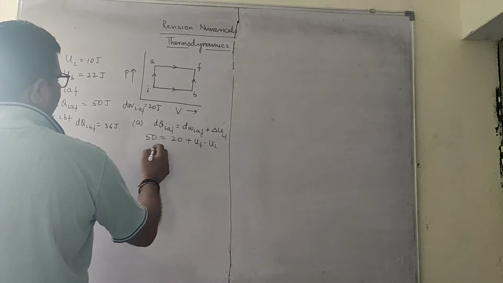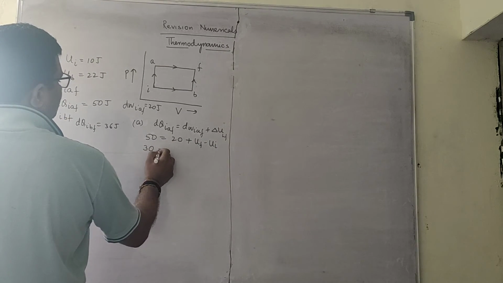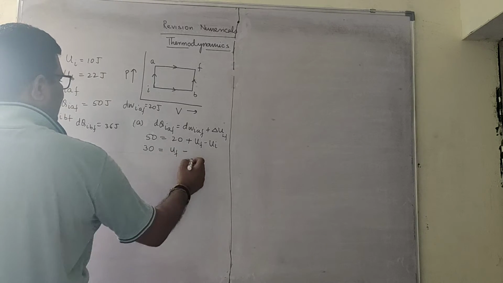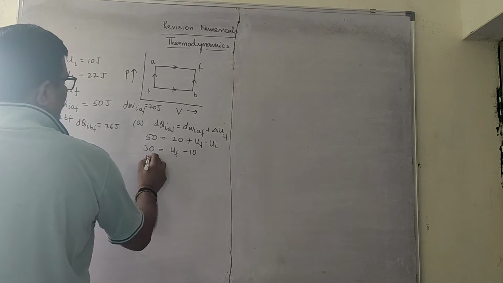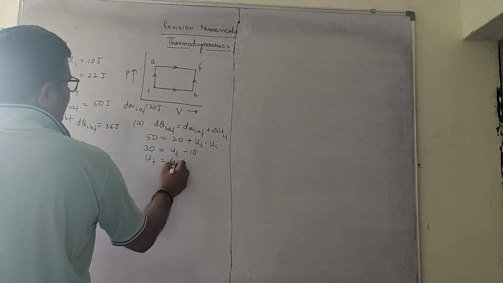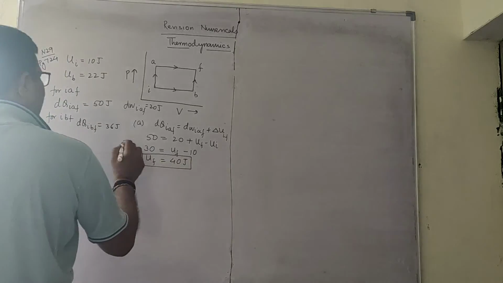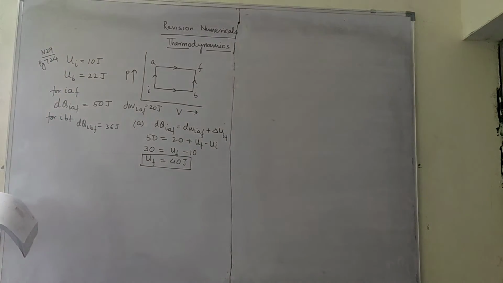You need to find UF. So this is 30. UF minus UI is given as 10. So internal energy at F is 40 joule. This is internal energy at F.